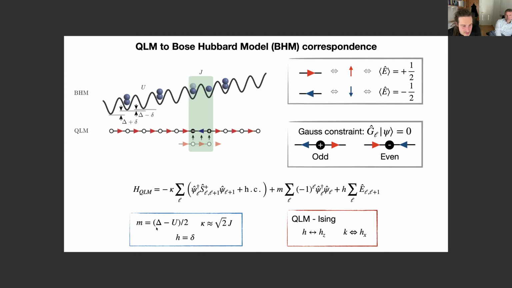These are the dictionary parameters from Bose-Hubbard to the quantum link model. But if you want the identification, as I said, with the quantum link model and Ising model that I described before, this is the longitudinal field and this one is playing the role of the transverse field.